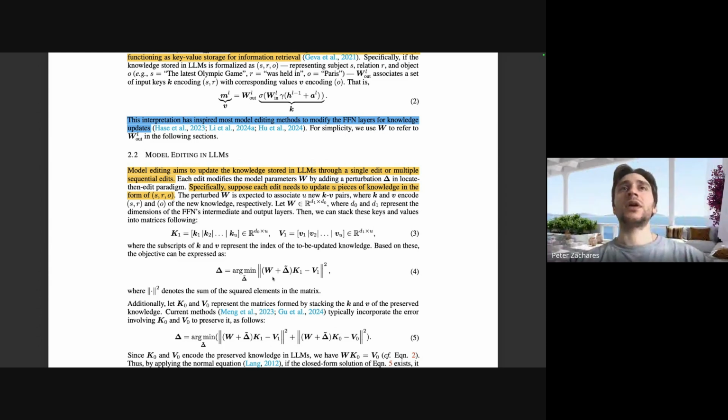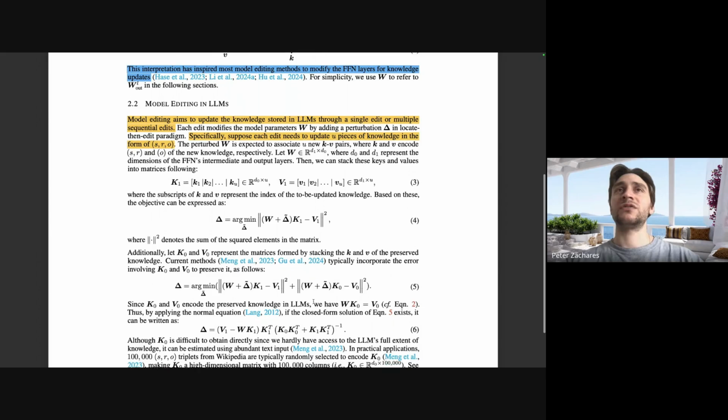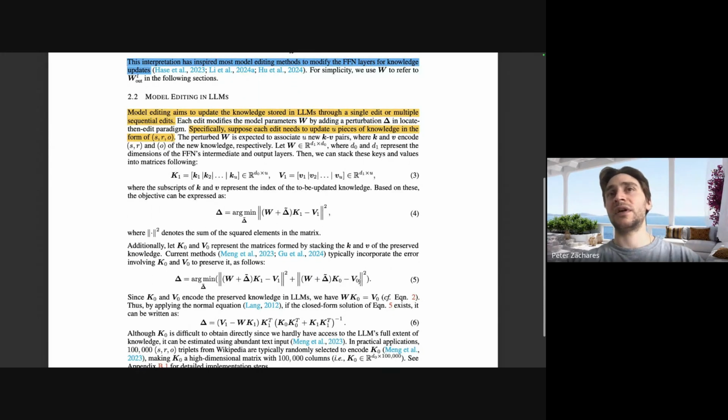So throughout the paper, K1 and V1 are new knowledge. And if we go down here to equation 5, K0 and V0 are old knowledge. So when they're calculating the perturbation, you want to minimize the difference between both of these, because say you are able to learn the new knowledge, but there's a huge error in the old knowledge.